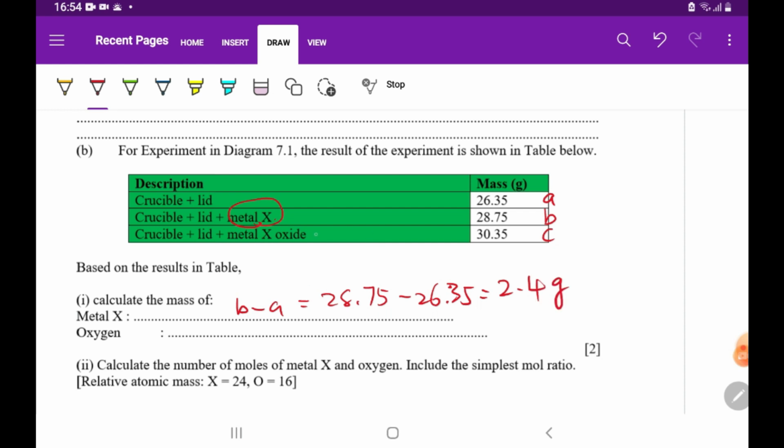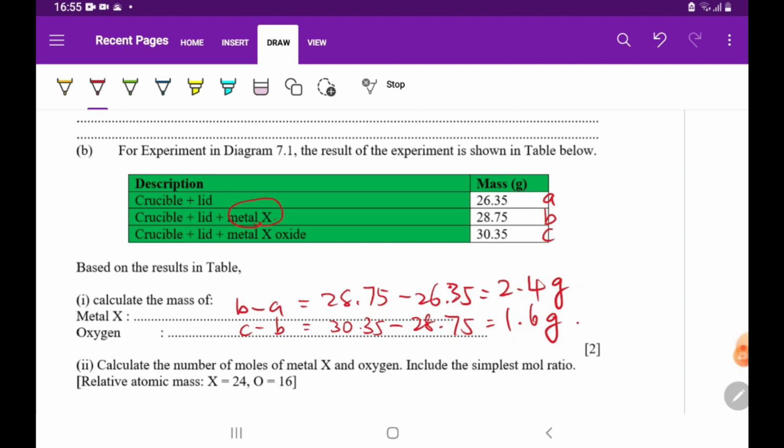Then for the oxygen, it will be C minus B. So it will be 30.35 minus 28.75, so you'll get 1.6 gram.